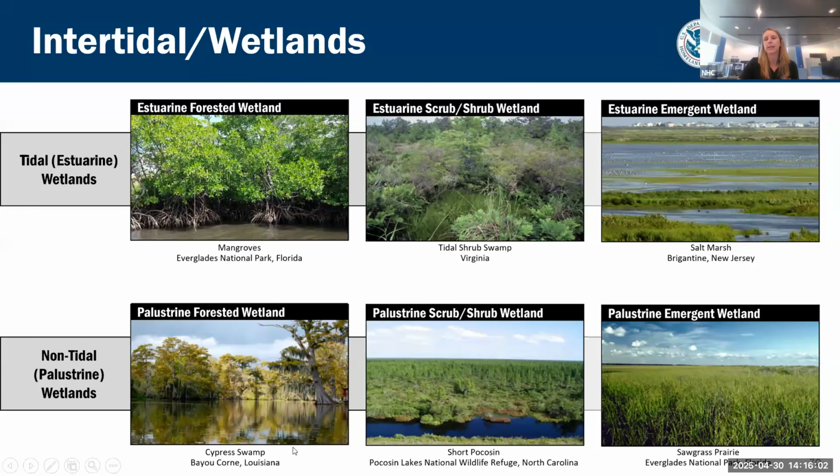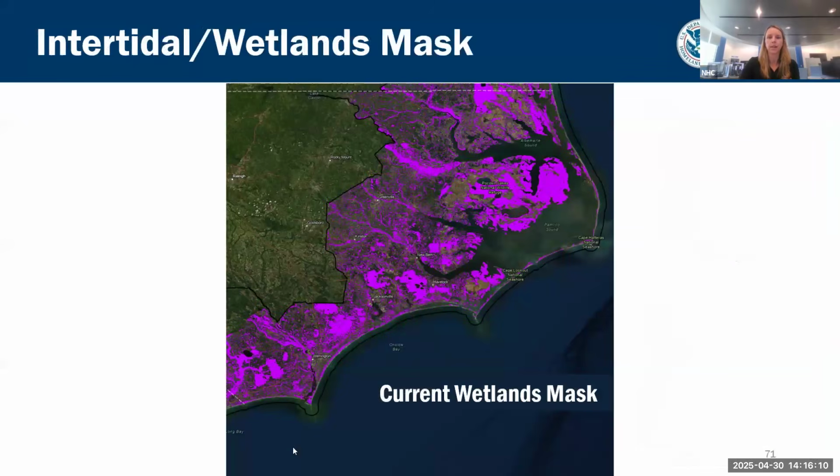Those are the areas that are routinely wet and get covered up as that gray mask. So this is what the current wetland mask looks like in North Carolina. It really allows you to focus in on the areas where you expect more high impacts and more assets and people and buildings.